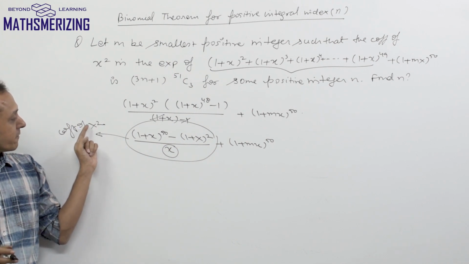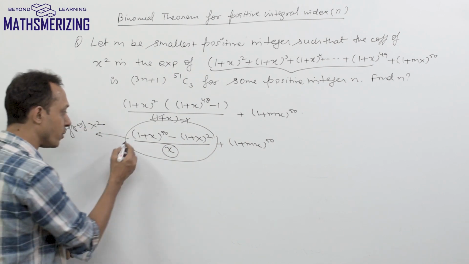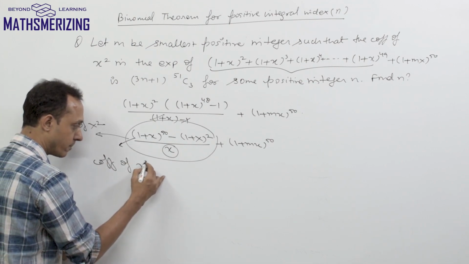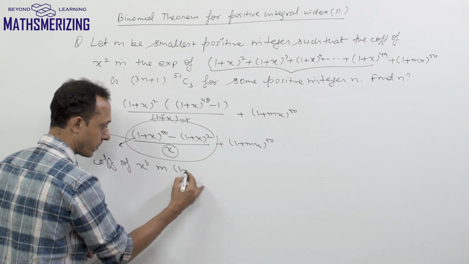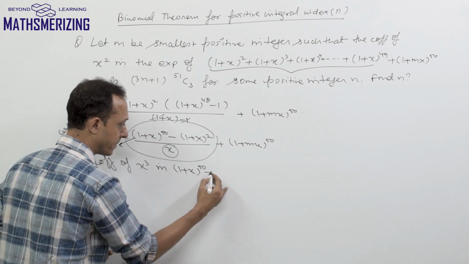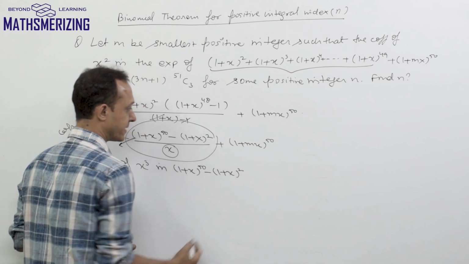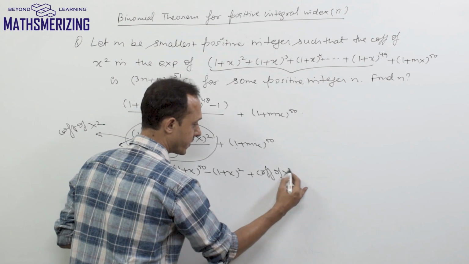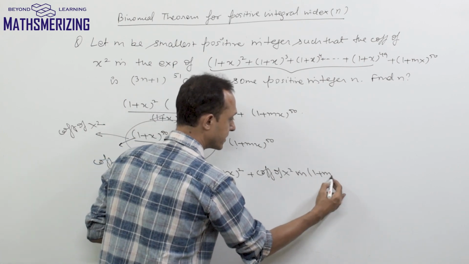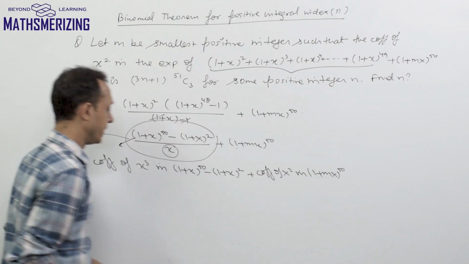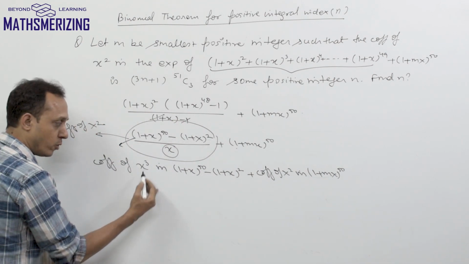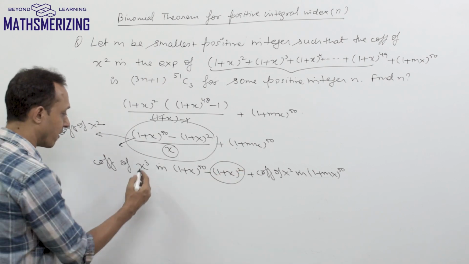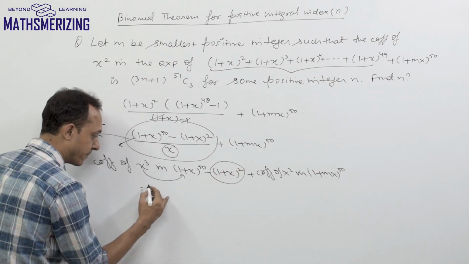So if I have to find the coefficient of x^2 from this expression, from the numerator I need to find the coefficient of x^3 in (1 plus x)^50 minus (1 plus x)^2, and from this one I'll just need to find the coefficient of x^2 in (1 plus mx)^50. Now I cannot get x^3 from (1 plus x)^2 because the highest power here is 2.